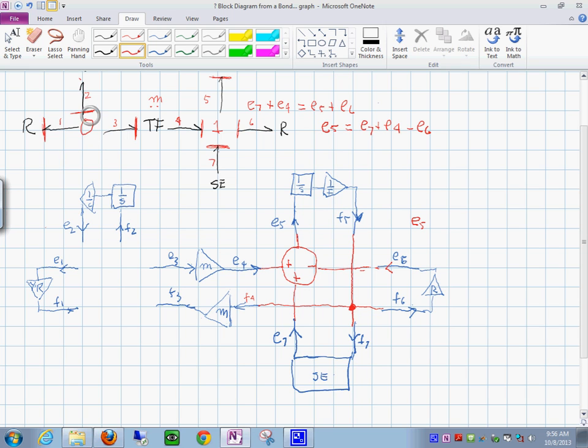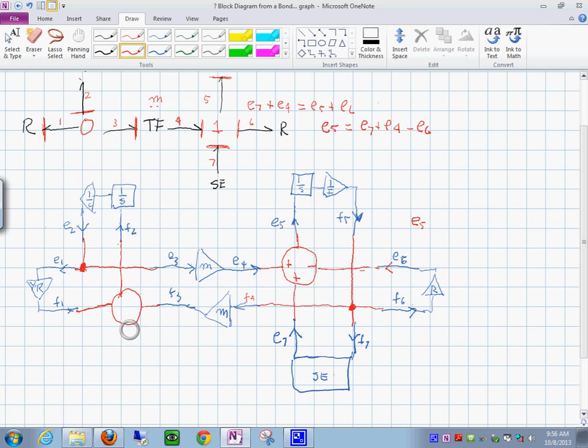Let's go over here. Okay, what is common on this one? All the efforts are the same. So why don't we just do that and put it like this, like this, and they're the same there. But we are going to sum the flows. So let's draw a summation point over here and then connect it to this junction like this.